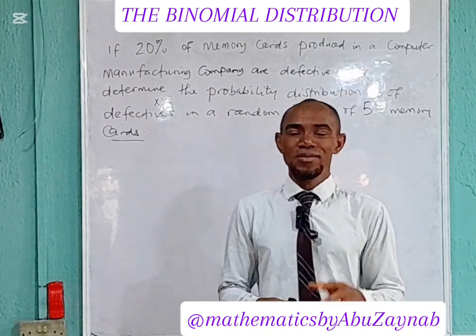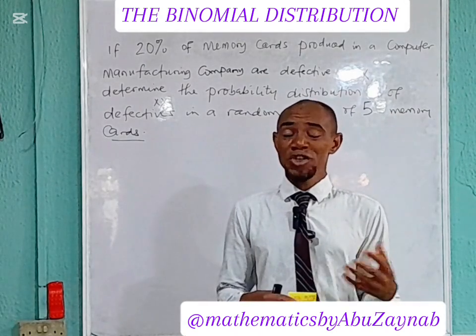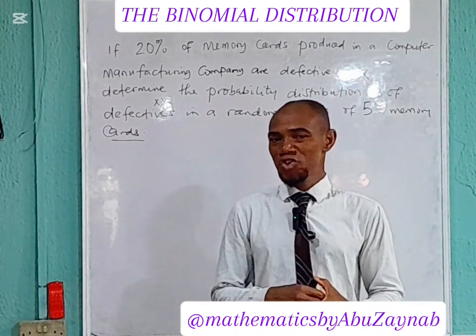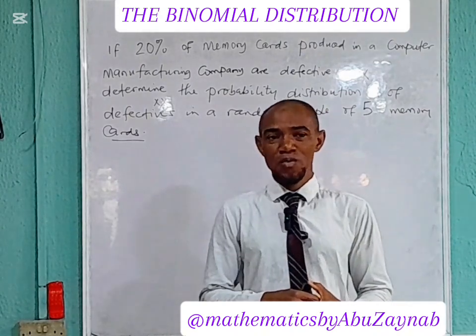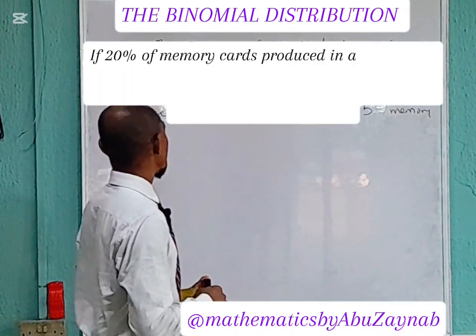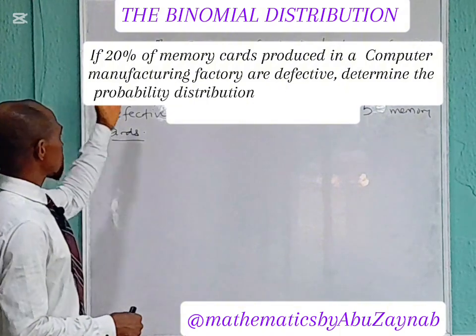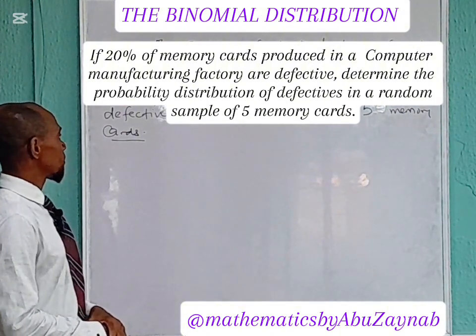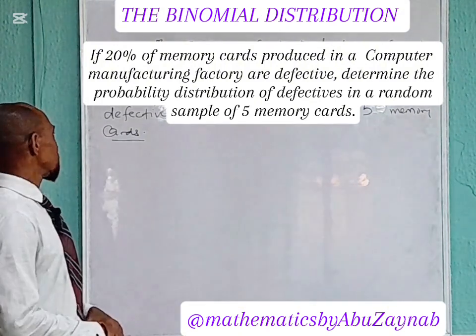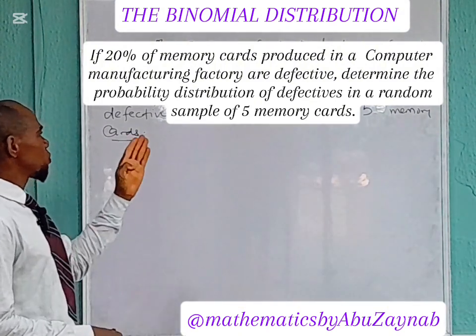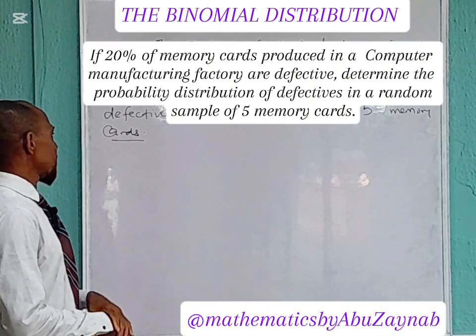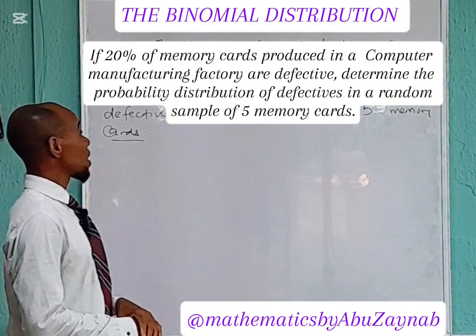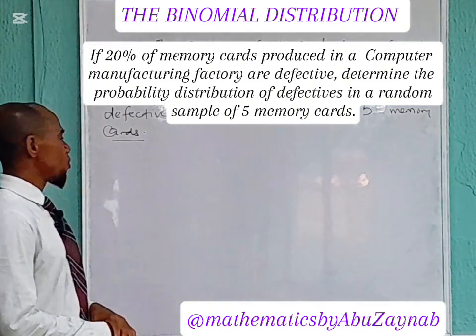So today we are going neck deep into the computations involved in this important distribution, binomial distribution, with the example on the board. If 20% of memory cards produced in a computer manufacturing company are defective, determine the probability distribution of defectives in a random sample of 5 memory cards.